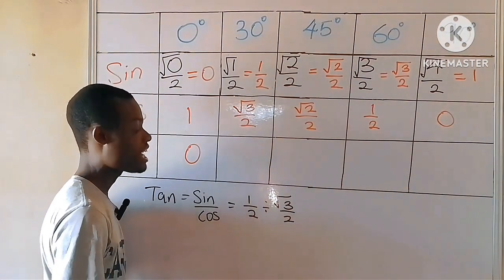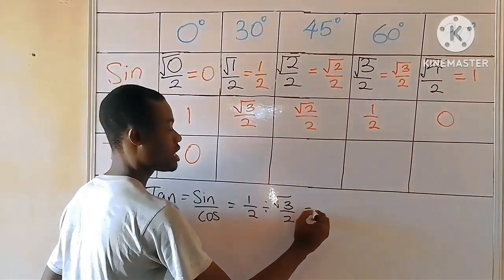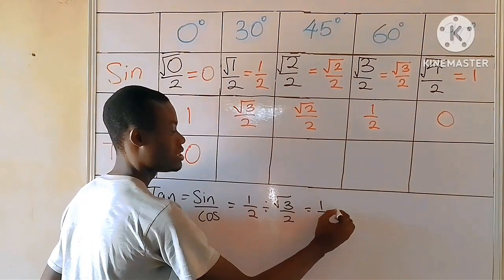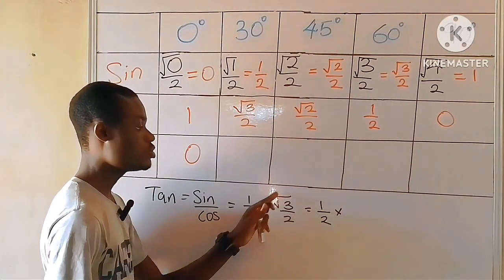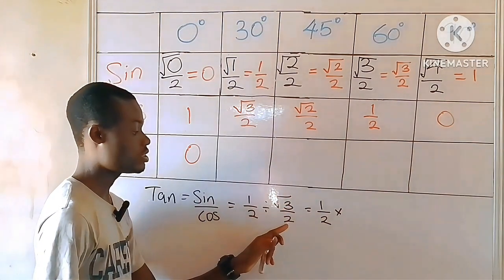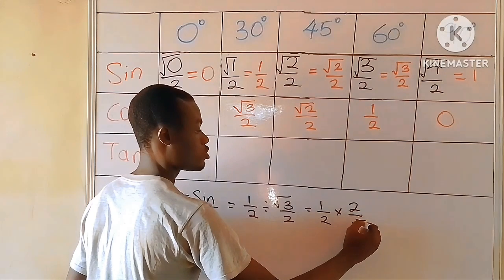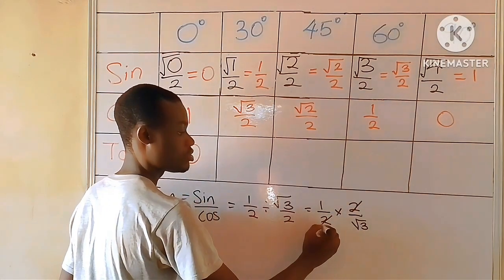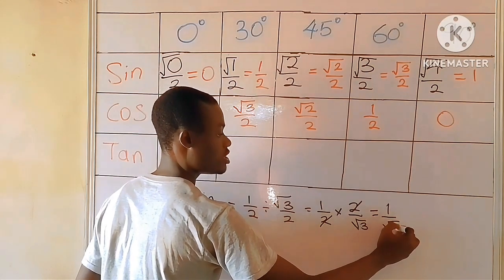In mathematics, we are expected to change this division sign to multiplication. So when we do that, we have 1 over 2 times, after changing the division sign to multiplication, your numerator becomes your denominator and your denominator becomes your numerator. So we have 2 over root 3. So 2 will eliminate 2, and we are going to have 1 over root 3.